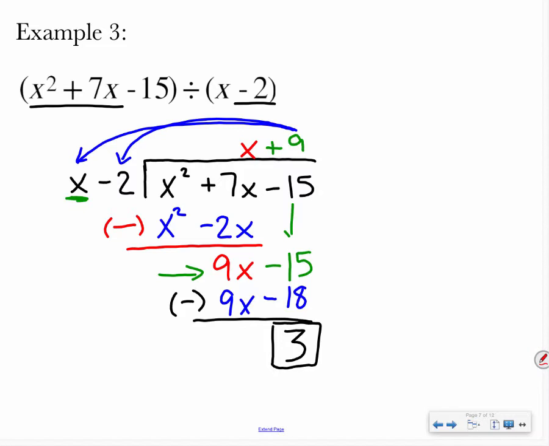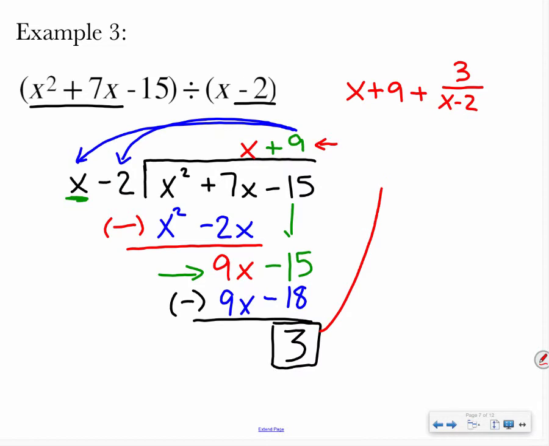But the way that we write remainders, actually the way you write your answer, you would say x plus 9, okay, so what we had up on top of our division bar, plus 3 over x minus 2.